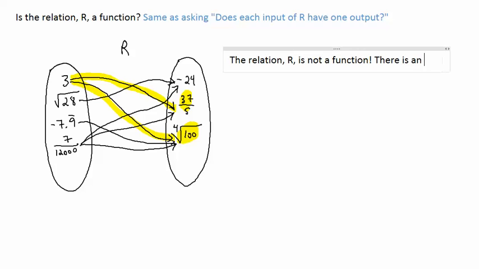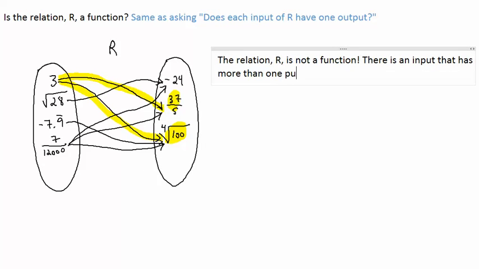There is an input that has more than one output. And that's all it takes. If any input has more than one output, then it can't be a function, right? Because every input wouldn't have one output. And so specifically, the input of 3 has two outputs. And we could even name the outputs.